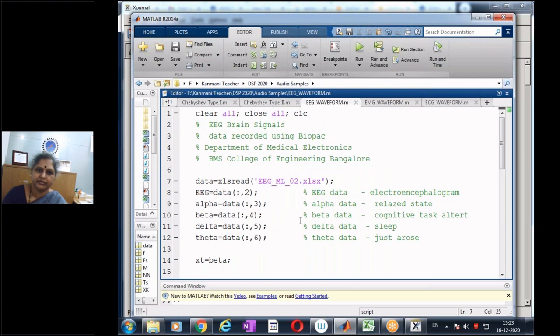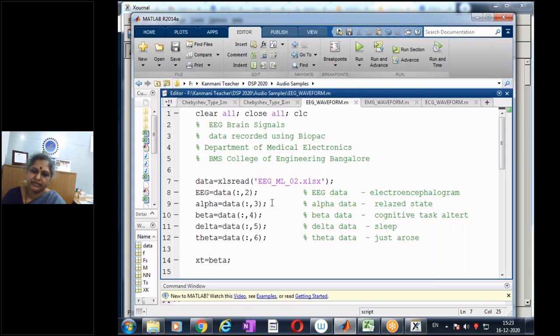So here the signal is captured using the equipment BioPack, and anyone interested can visit the department, and their services are available for capturing and sharing any additional data.